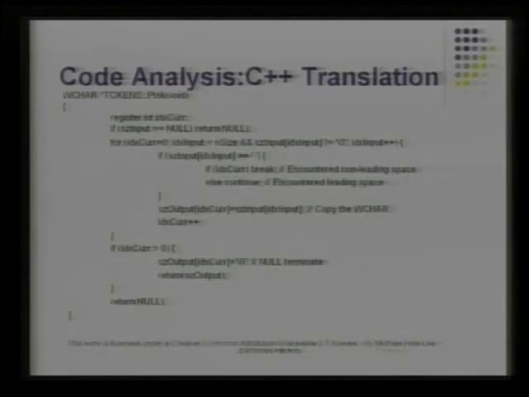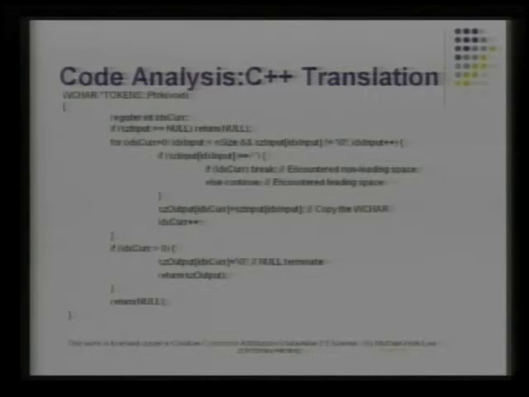Okay, so this is the C++ translation of the code, and what we can see here is that it's like strtok of the C library, and the problem is that there is no check against the size of the destination buffer. So you can see that the n size here is the size of the input we supplied.